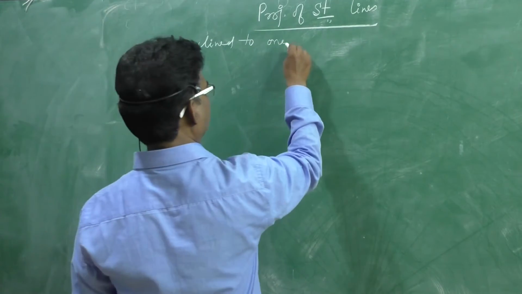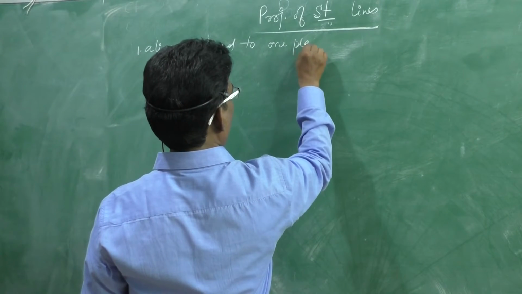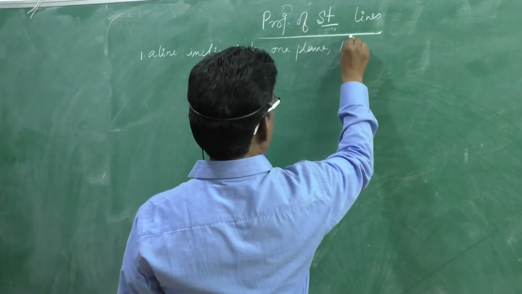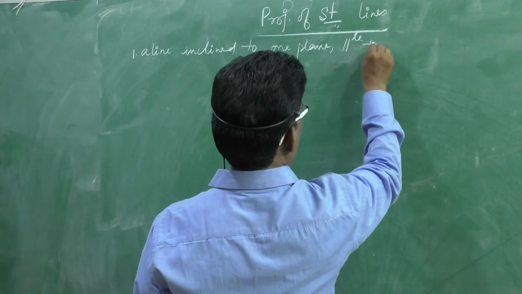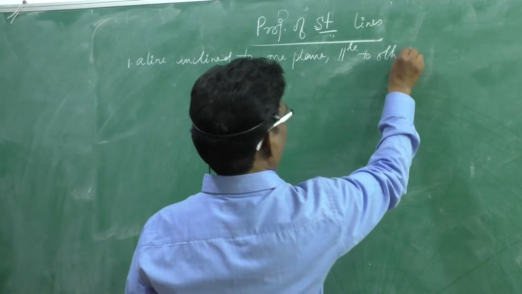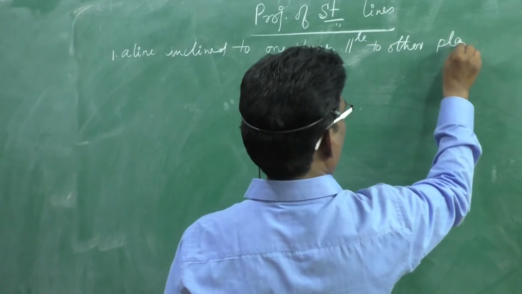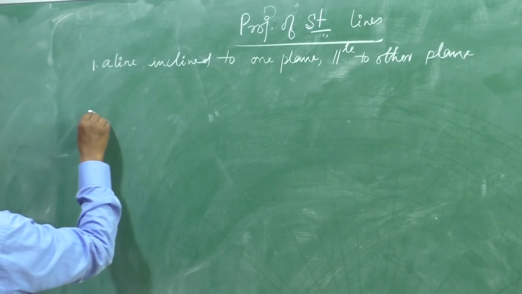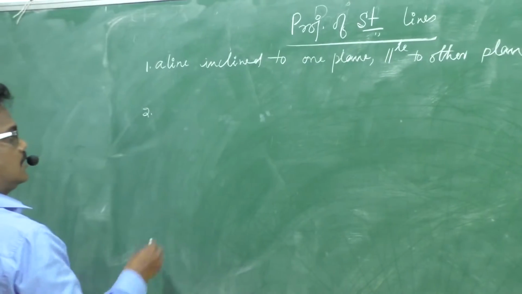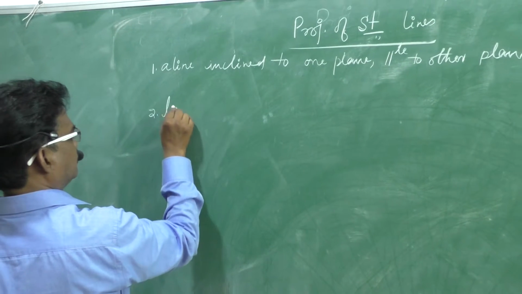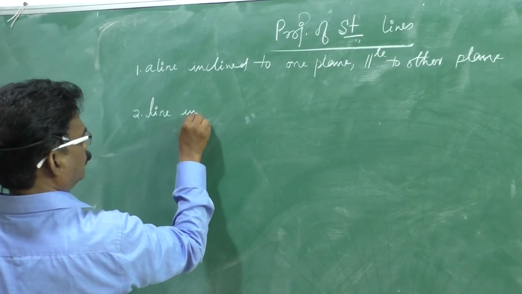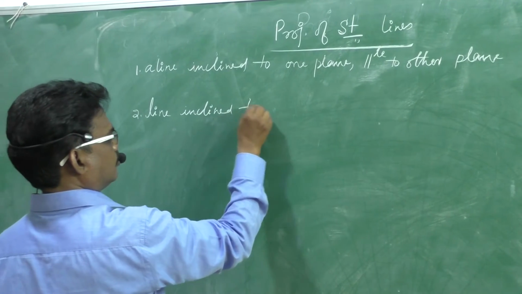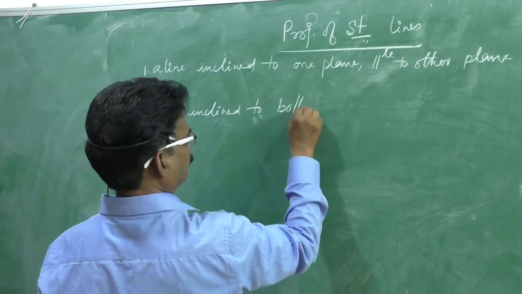Inclined to one plane and parallel to the other plane. This is the first case. The second case, a line inclined to both the planes.